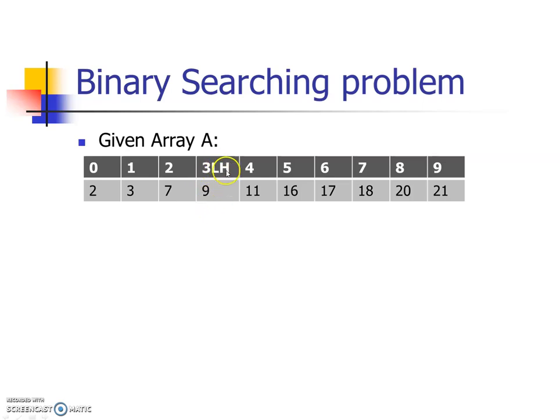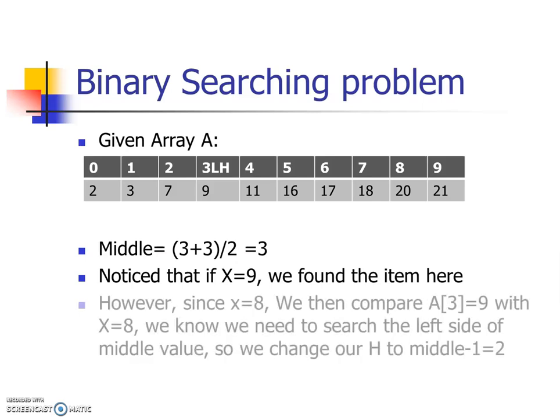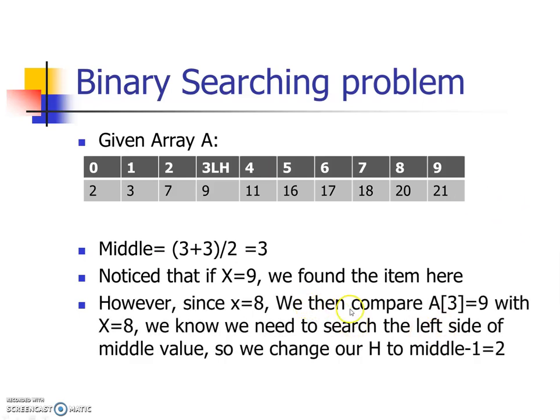Now low and high are pointing at the same location, and that's fine, because if the x we want to find were 9, this is where we would find it. However, because the value we want to find is 8, in the comparison a of 3 equals 9 and x equals 8, we know we need to search the left side of the middle value.